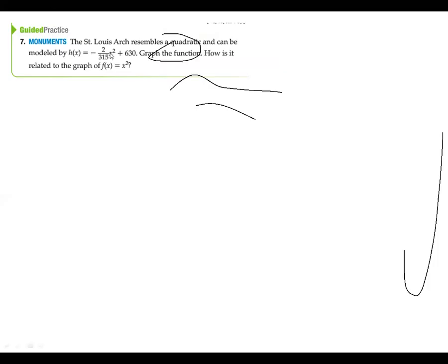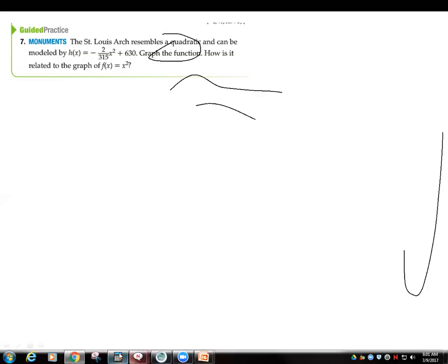Plug in a number for x, you would first square it, so it's not moving to the left or right at all, because there's nothing added or subtracted in parentheses. Next thing you would do is multiply it by 2 over 315, which would compress it vertically. Then the -1 flips it over, and then plus 630 shifts it up.